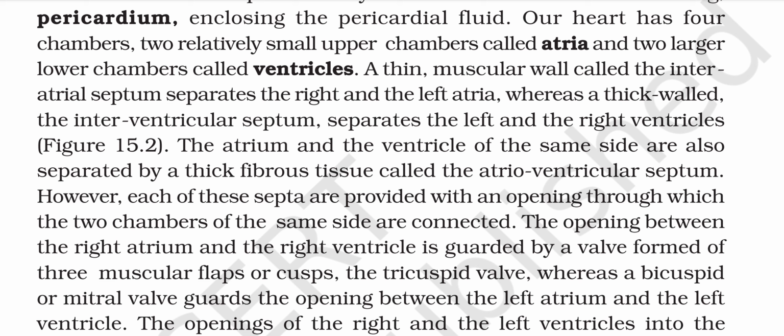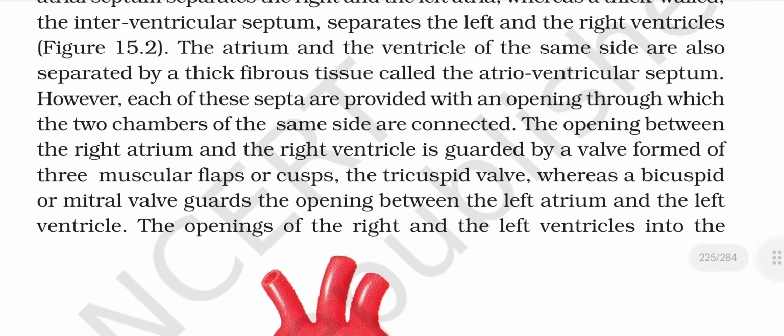The atrium and the ventricle of the same side are also separated by a thick fibrous tissue called the atrioventricular septum. However, each one of these septa is provided with an opening through which the two chambers of the same side are connected.